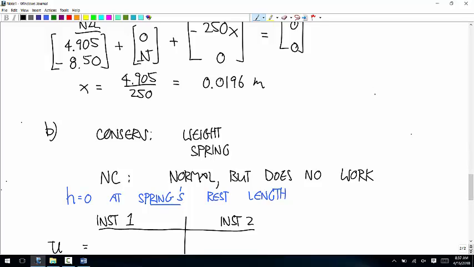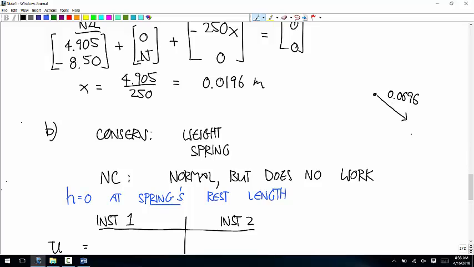What we want to figure out is the change in the height. And we are at a distance of 0.0696 along the ramp.